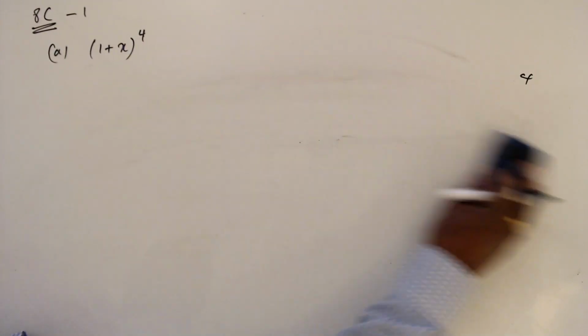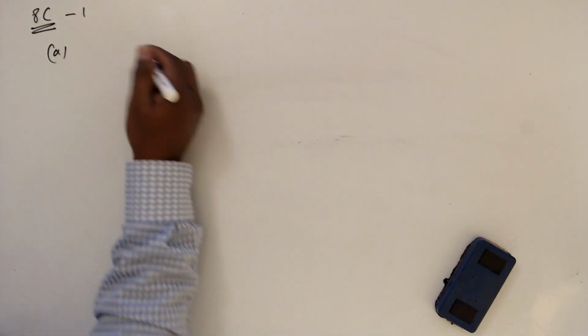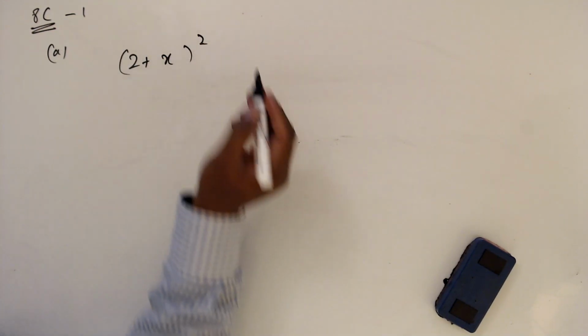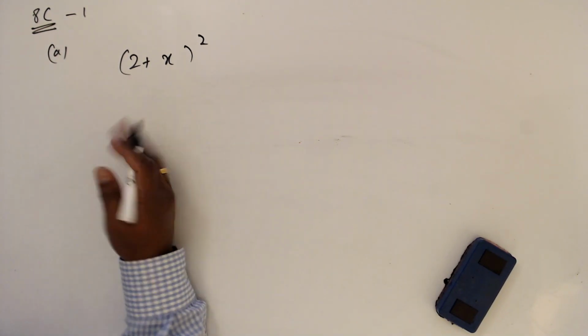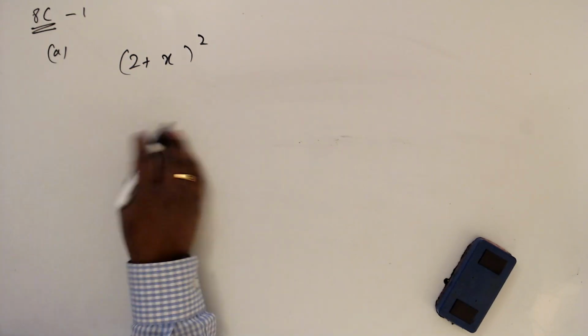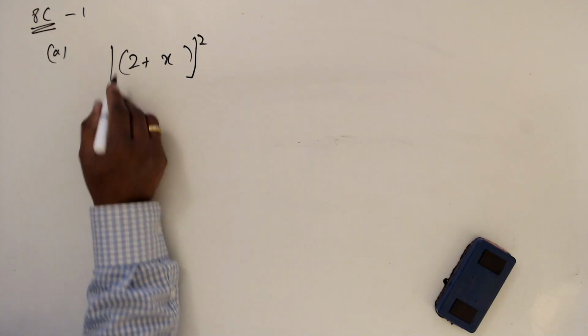I will do a different one, another way. If we have 2 plus x over 2, how do you do this one? This is not 1. We can make it 1 by taking 2 out. I'll take 2 out.